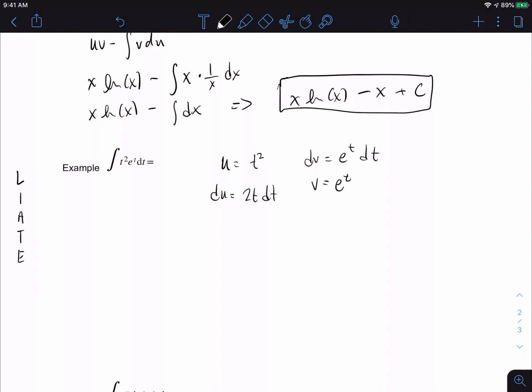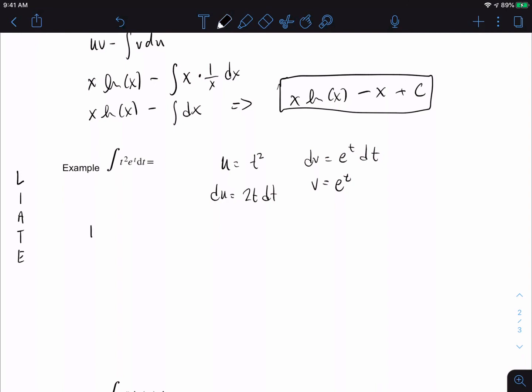It's itself. So that's why it's easier to do it this way, because if I would have gone the other way, just so you guys can see, now this becomes e to the t dt, but this becomes this guy, and it just becomes more tedious. Right? And the answers end up looking different, but they're one and the same.